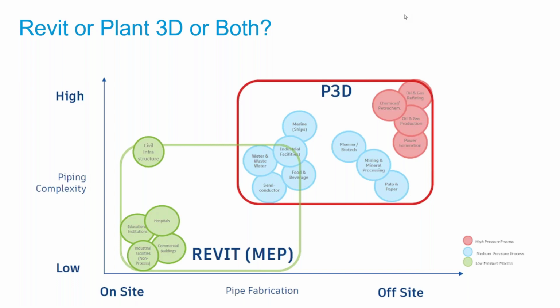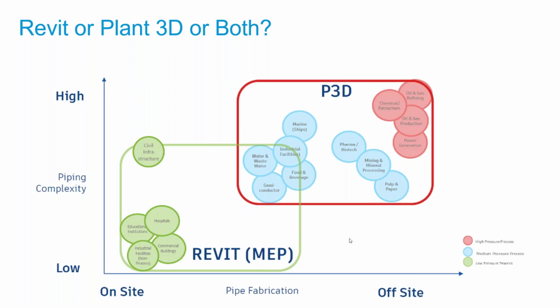When I say power generation, it's really the process part of this, especially for gas turbine projects and so forth. You will tend to use Plant 3D because of its catalog and spec, and we will see the list of that later.